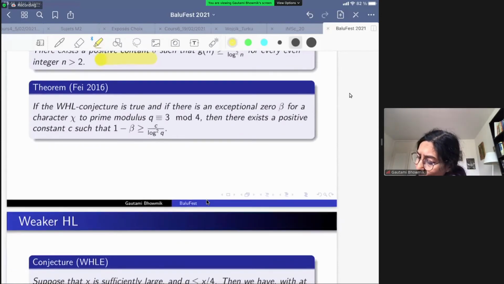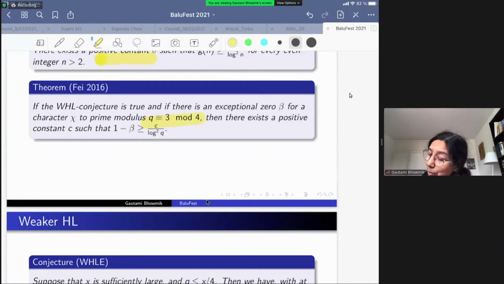if we assume this, and if there is an exceptional 0 beta for a chi which has an underlying prime modulus Q congruent to 3 mod 4, in that case you can improve on Siegel's bound.